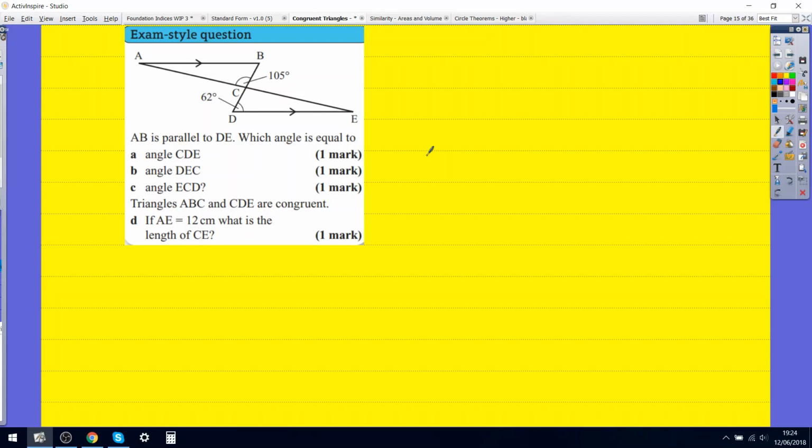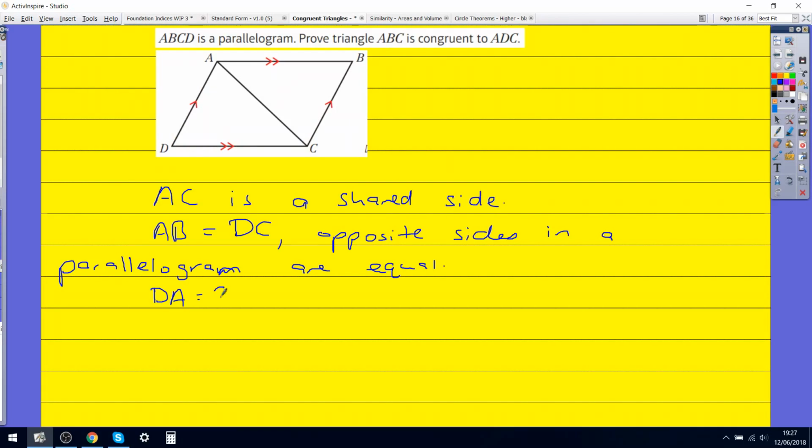Okay, what will be next? So then you can say that DA equals CB. And why is that? Opposite sides in a parallelogram are equal.